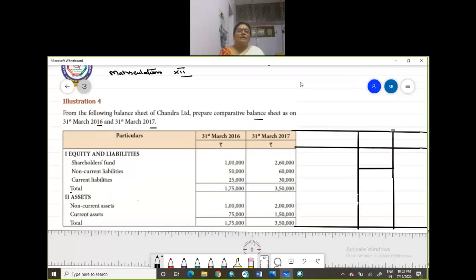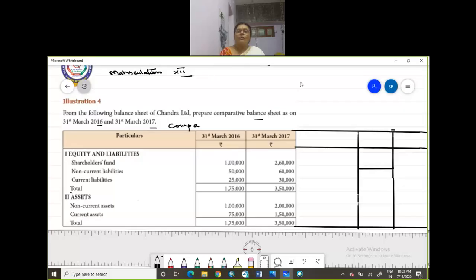So, this is the balance sheet of Chandra Limited. Prepare comparative balance sheet. So, comparative balance sheet of Chandra Limited for the year ending 31st March 16 and 17.